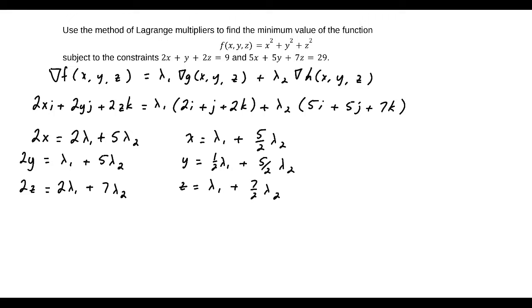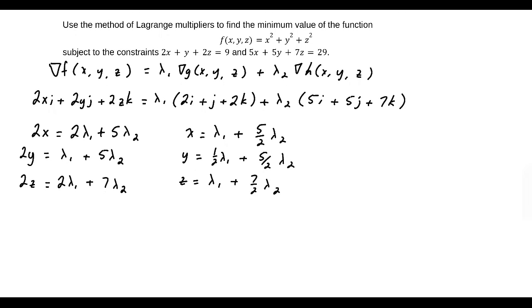Now I'm going to take these values of x, y, and z and evaluate them into both of my constraint functions. So the first constraint, 2x + y + 2z = 9, I'm going to replace with my x, y, and z expressions.